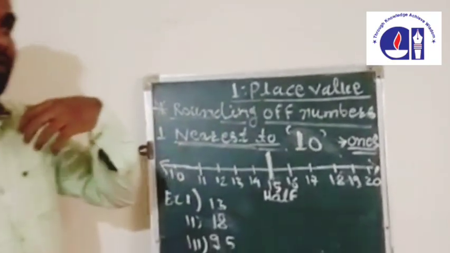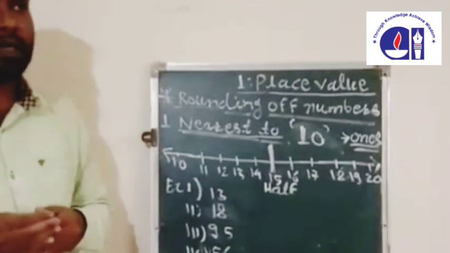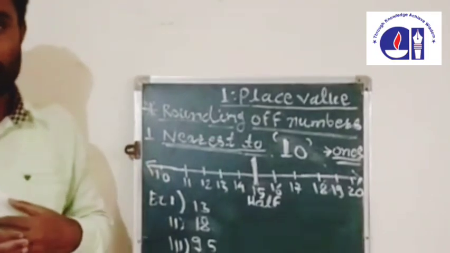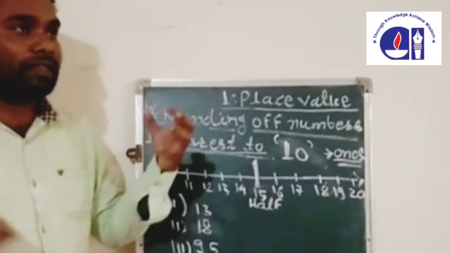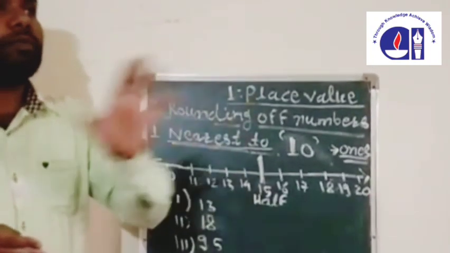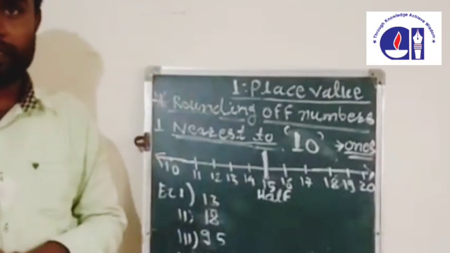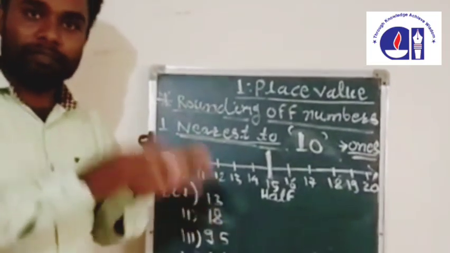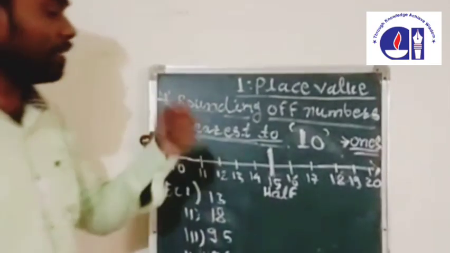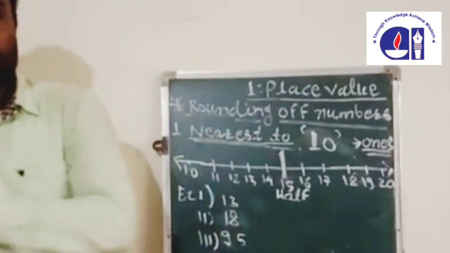We often hear news in the newspaper that if an accident has taken place, 20 people were injured, but it is not exactly 20, it may be 18 or 17. This number is nearest to which 10? It's nearest to 20. So approximately it is said to be 20.